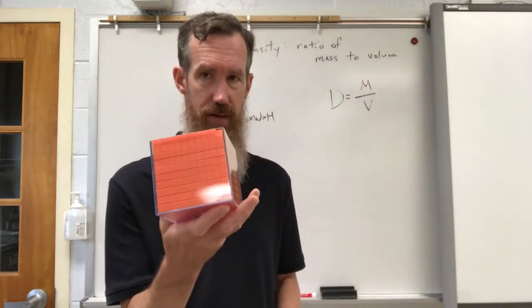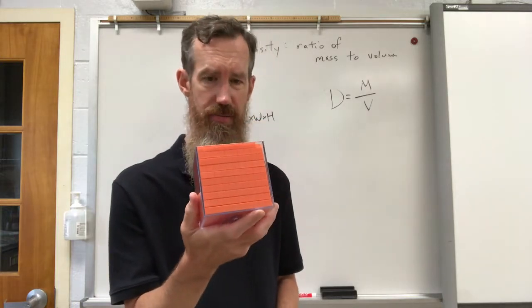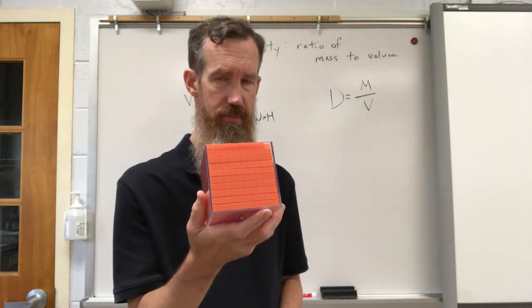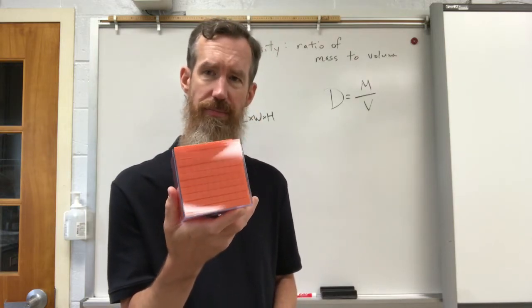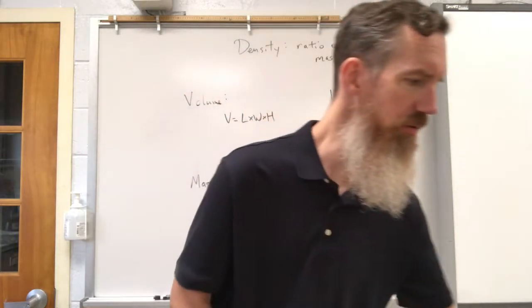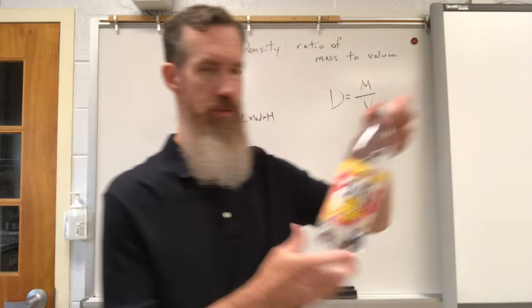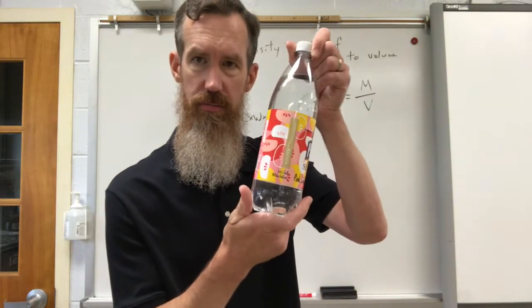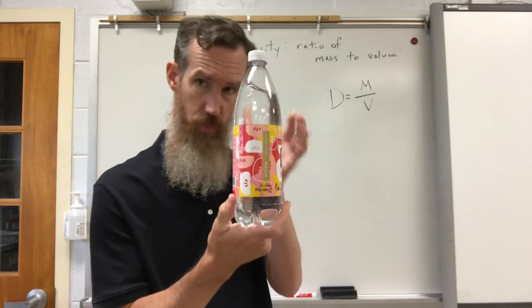What's important here is that 1,000 cubic centimeters is equal to, and was defined as many moons ago, a liter. So, now you might be familiar with a liter, because I have this bottle of seltzer. It is a 1 liter bottle. 1 liter.